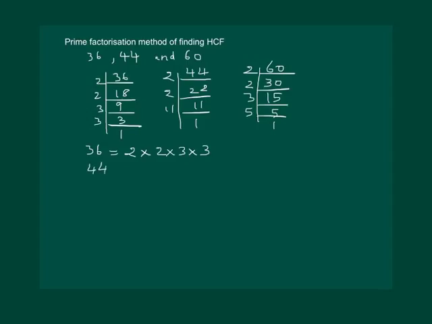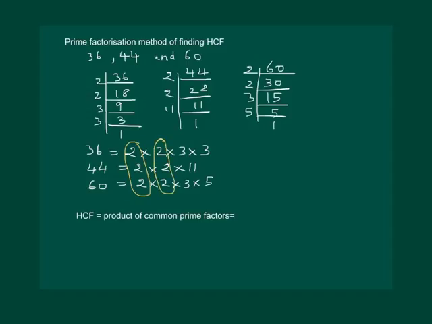Similarly, 44 can be written as 2 into 2 into 11, and 60 can be written as 2 into 2 into 3 into 5. Next we mark the prime factor that appears in all the three numbers, and then HCF will be given by the product of common prime factors, that is 2 into 2, which is equal to 4.